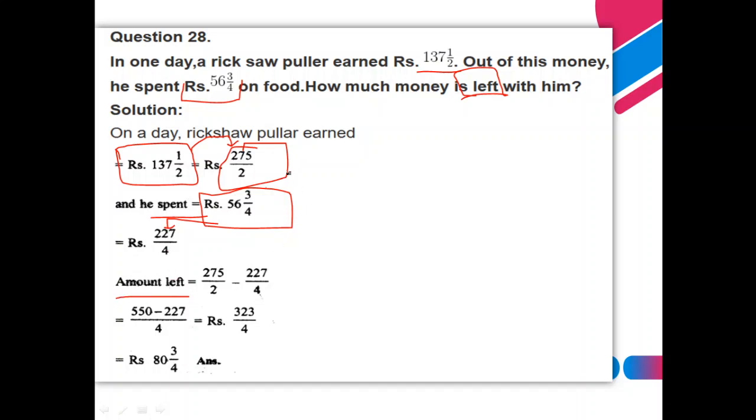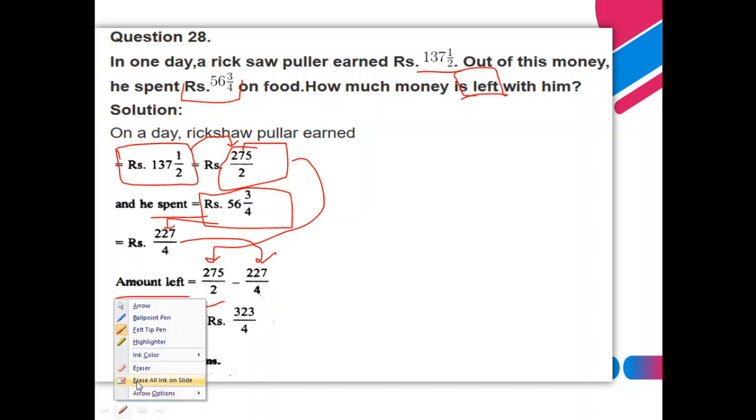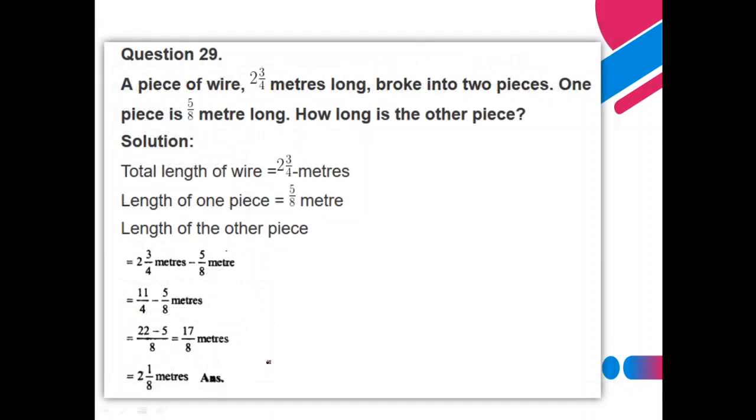We will subtract 275 upon 2 minus 227 by 4, and then after we calculate, we are getting 323 by 4. It was converted into mixed fraction and getting 83 by 4. So let's move on.